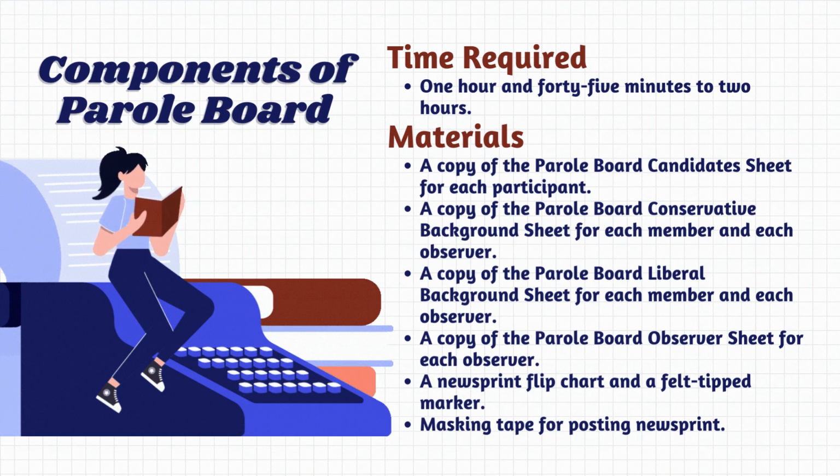For the materials, you will need to prepare a copy of the Parole Board candidates sheet for each participant, a copy of the Parole Board conservative background sheet for each member and each observer, a copy of the Parole Board liberal background sheet for each member and each observer, a copy of the Parole Board observer sheet for each observer, a newsprint flip chart and a felt tip marker, and masking tape for posting newsprint.